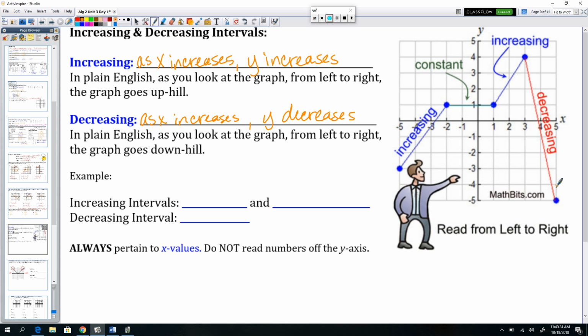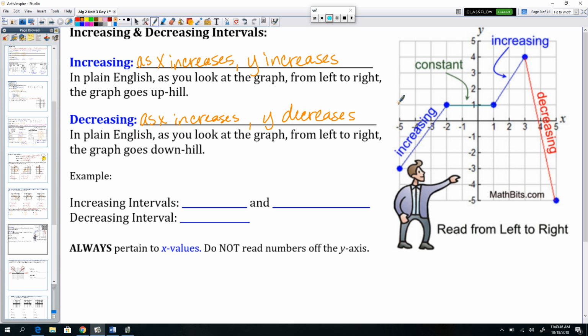The hard part comes in when you need to describe to me when this is happening. Over what intervals is this graph increasing? Let's first take a look at this first interval here. Clearly we can see during this window of time this graph is increasing. You will talk to me about increasing intervals in terms of x values.